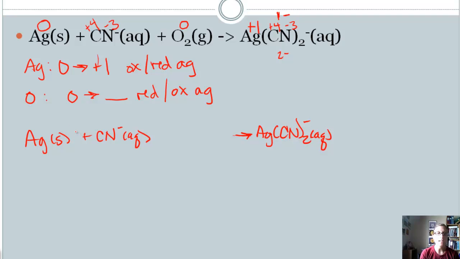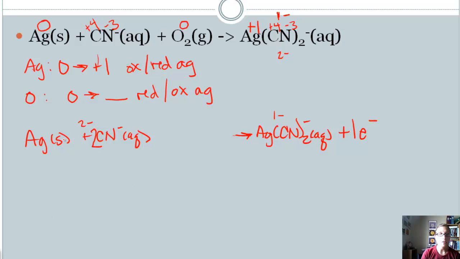I've got 2 cyanide ions, so I need a 2 out front here. I have no oxygen or hydrogen present. The last thing I need to do is balance the charges. This side is 0. Here I have a 2- charge, and because this entire ion is 1-, I need to add 1 electron to this side to get my charges to be the same on both sides.